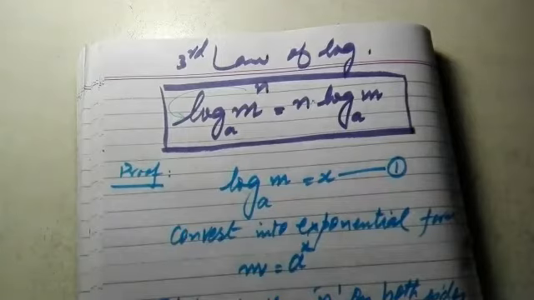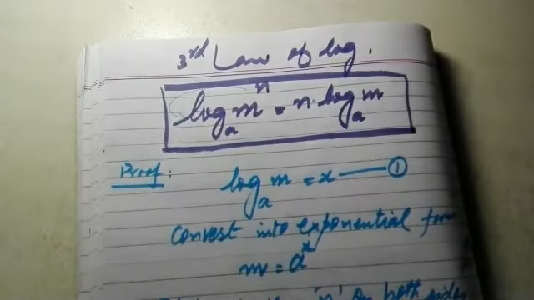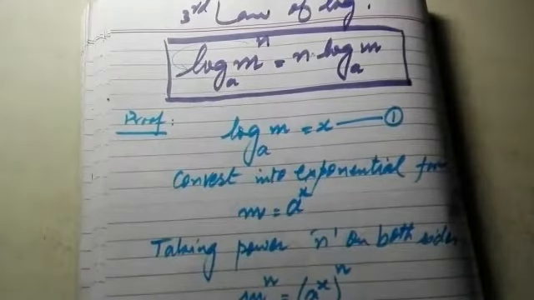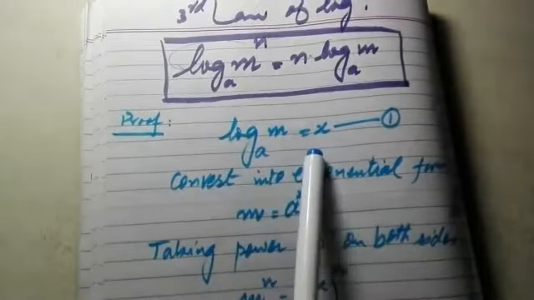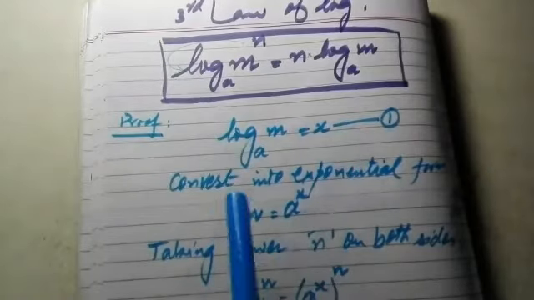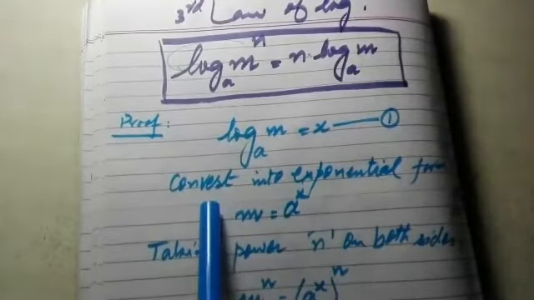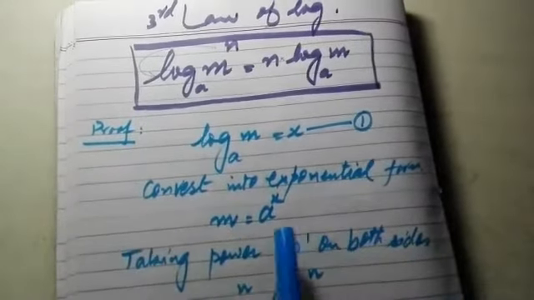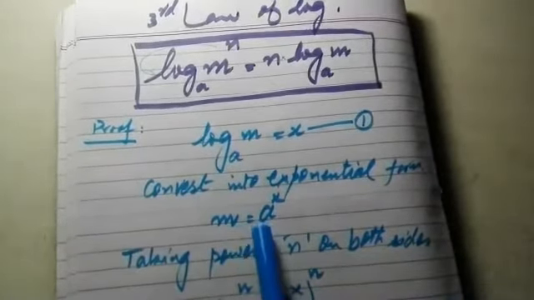So for this proof, first we take log m base a equals x, and then in the first step convert into the exponential form. Once we write it in the exponential form, it will become m is equal to a raised to power x.